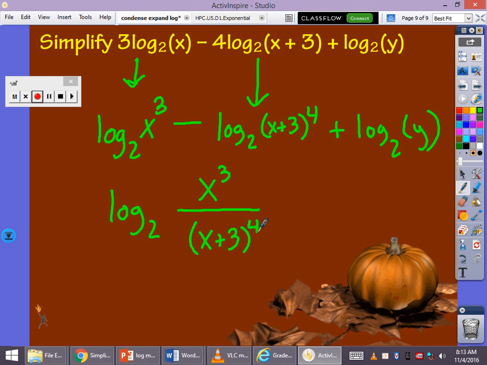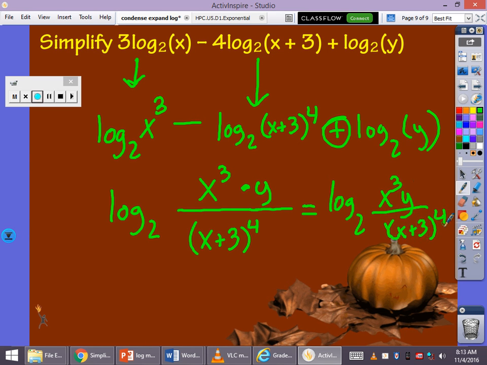And now what do I want to do for this? Product, so I'm going to multiply by y. So you could really say log 2 of x to the third y over x plus 3 to the fourth. And in this case, the parentheses are necessary.